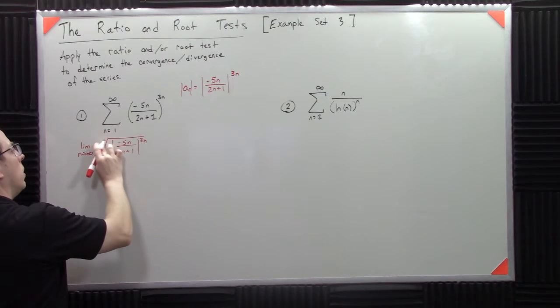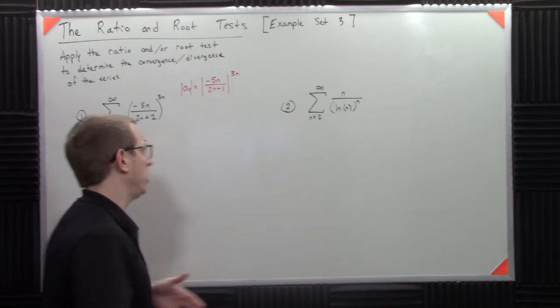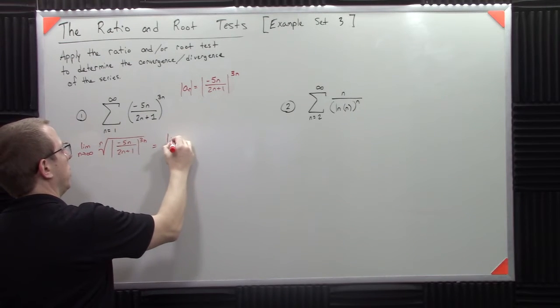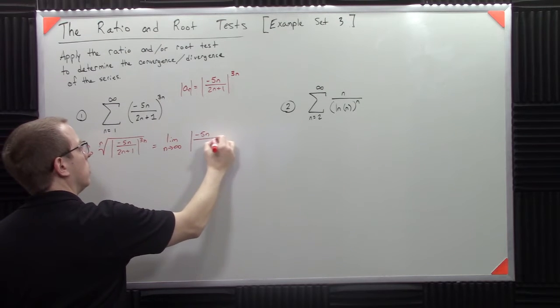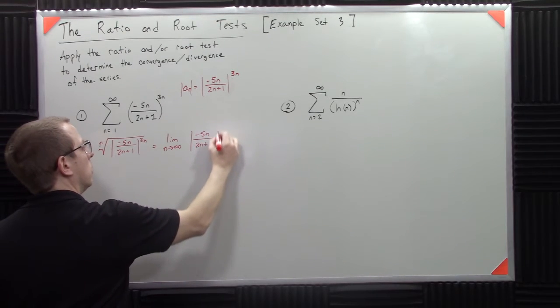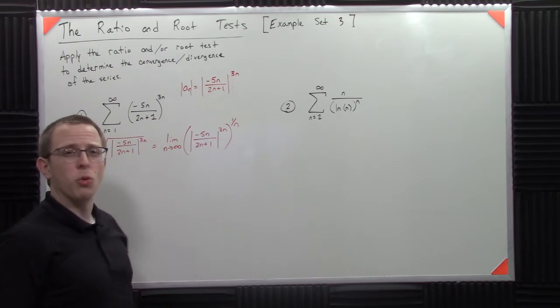Now, we want to write the nth root as a power function instead. So we're going to write that as something to the 1 over n.